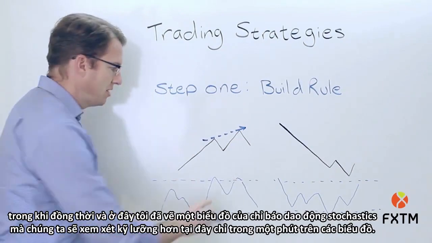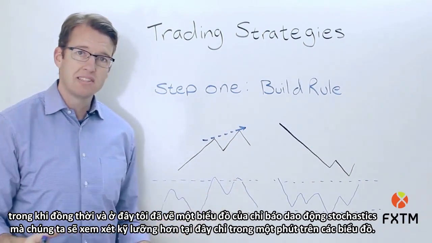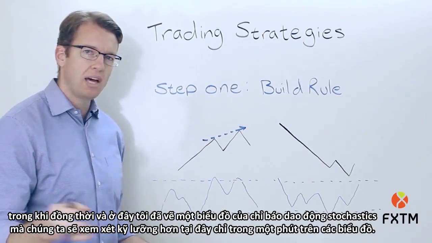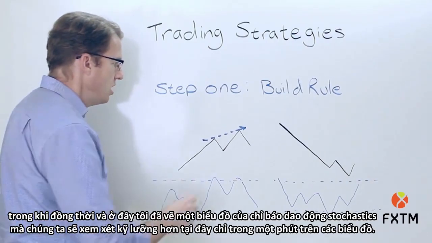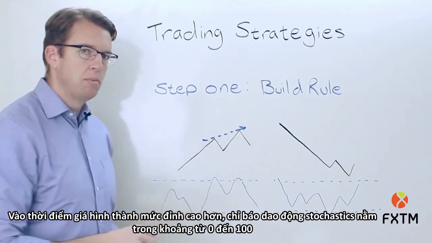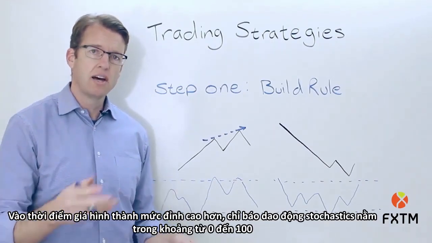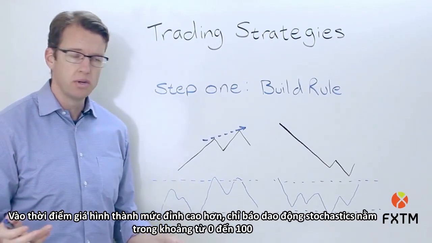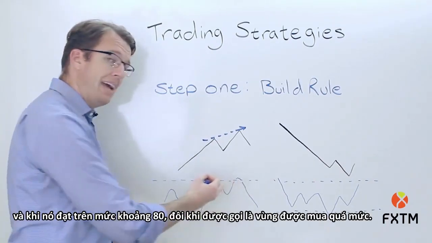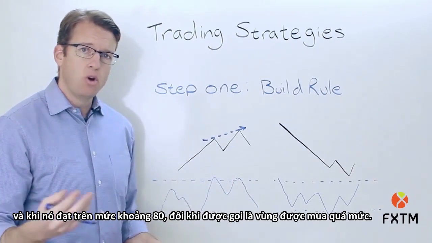while at the same time, and here I've drawn a diagram of a stochastics oscillator, which we're going to take a much closer look at in just a minute on the charts. At the same time that the price has been forming higher highs, the stochastics oscillator, which is a line that ranges between 0 and 100, and when it gets above about 80, that's sometimes called an overbought region.